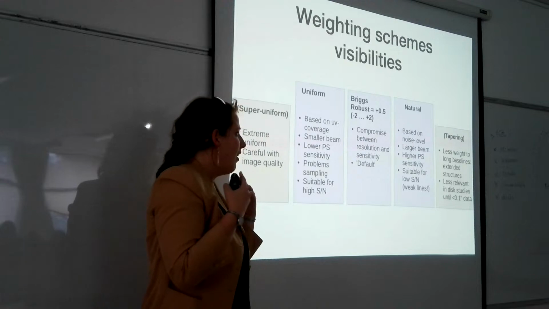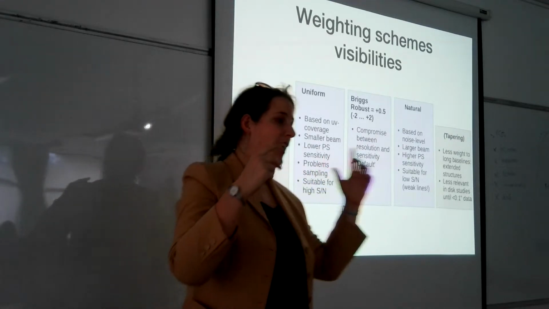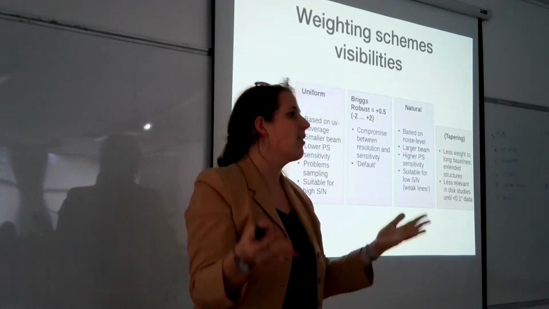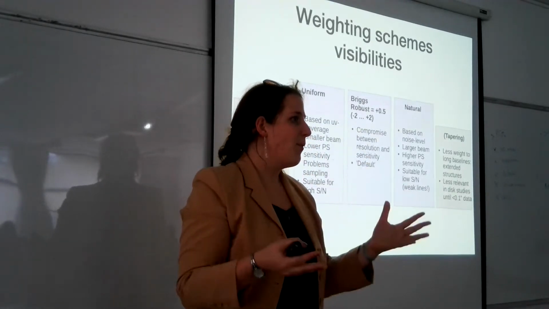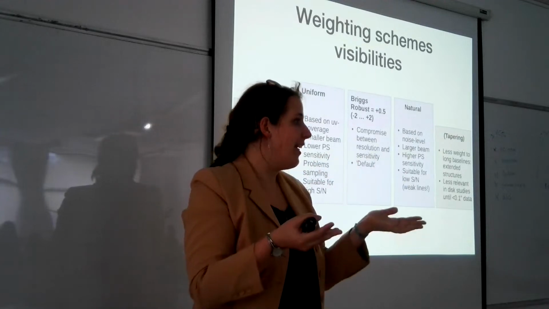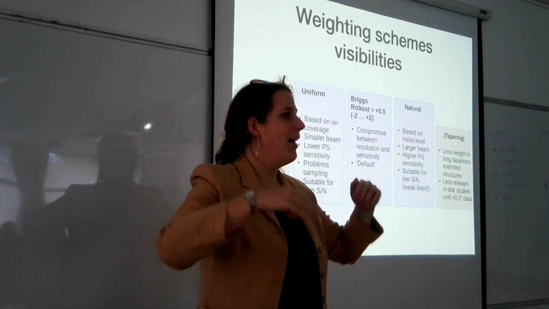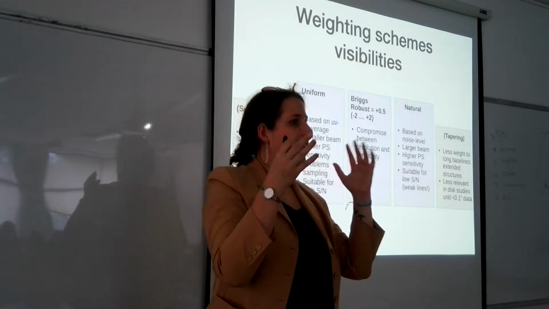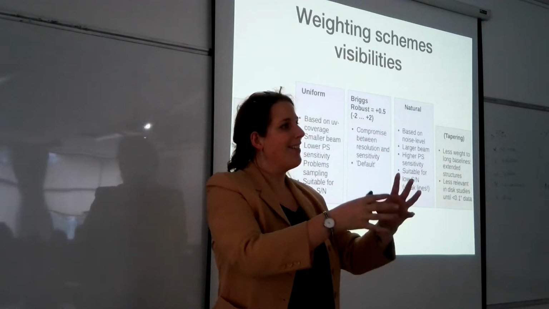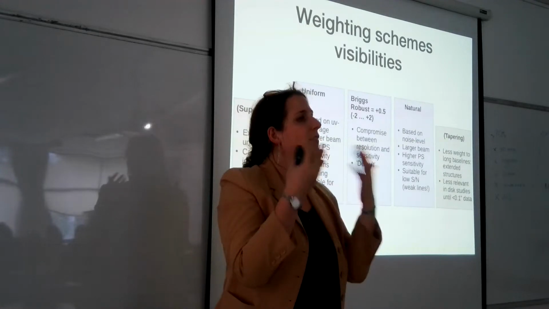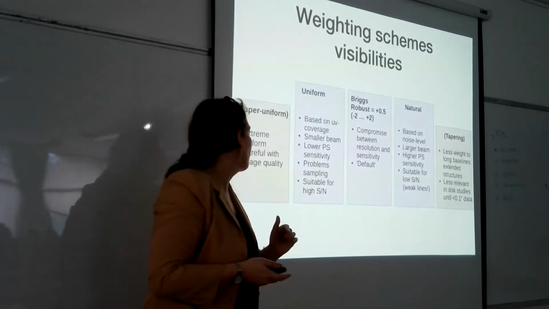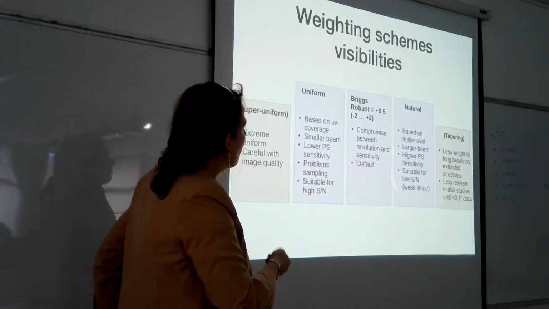So when you make an image you weigh the data depending on that coverage. In natural weighting, you take into account that you have less coverage at long baselines, so you give more weight to the short baselines. You always end up with a larger beam, but better signal to noise. So this is called natural weighting.